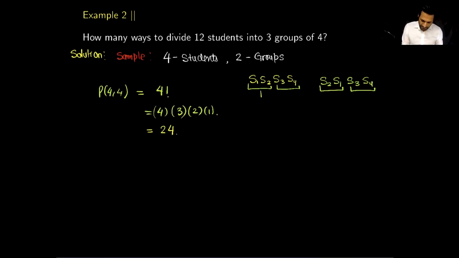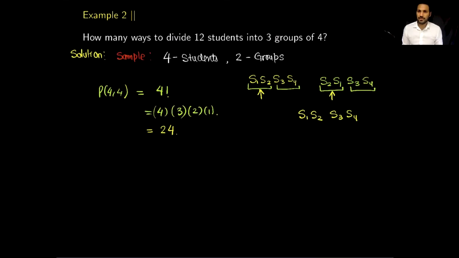As you can see, if I permute S1 with S2, which I did here, or I don't permute S3 with S4, this is the same grouping for us, because the order doesn't matter in the group. If I have S1 S2 or S2 S1, it's the same students. Since the order does not matter, there is some repetition which we have to remove, and this time we will use the division rule.